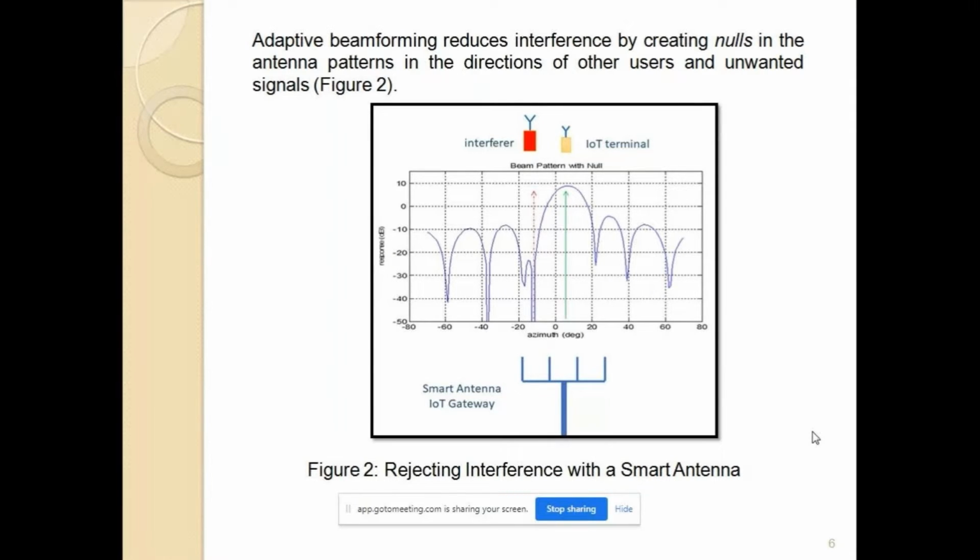In figure 2, it has been demonstrated that the main beam is pointing towards the user, and the red colored ones are the interferences which might be coming from IoT devices or other mobile phones. When IoT gateway terminals are used, the smart antenna can intelligently reject the interferences and place the nulls in the uninterested directions, and only the main beam in the direction of the user.